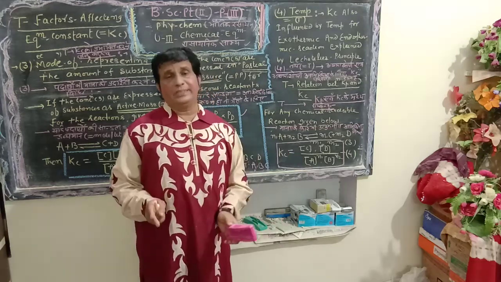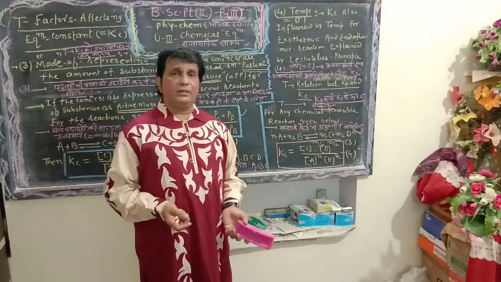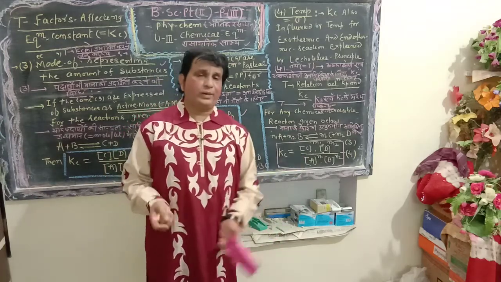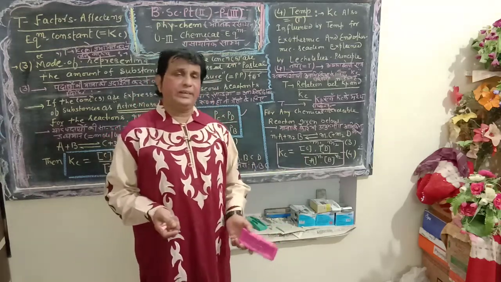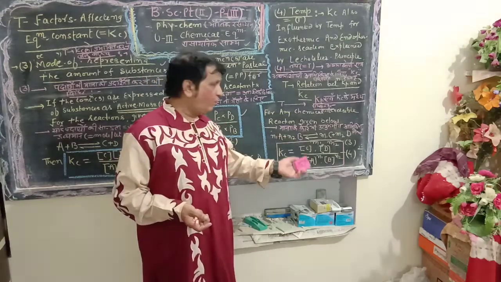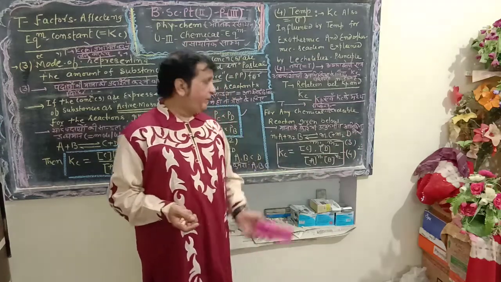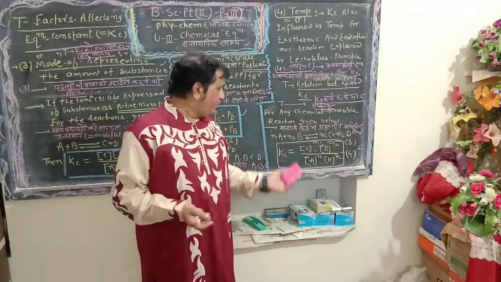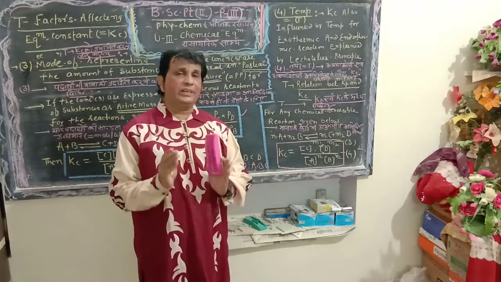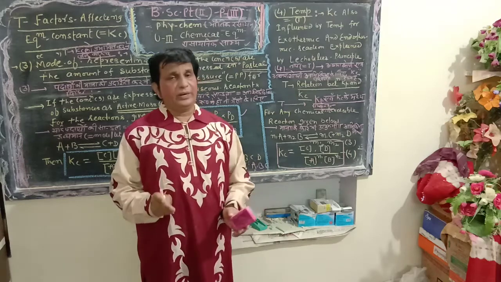Let us assume a reversible reaction in which N1 mole of A reacts with N2 mole of B to produce M1 mole of C and M2 mole of D. In such a position, for the value of Kc, suppose we initially consider A, B, C and D in the form of liquid and solid.